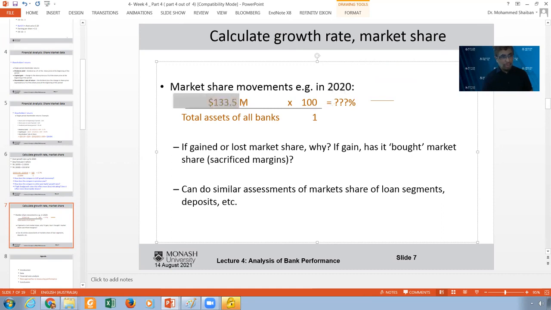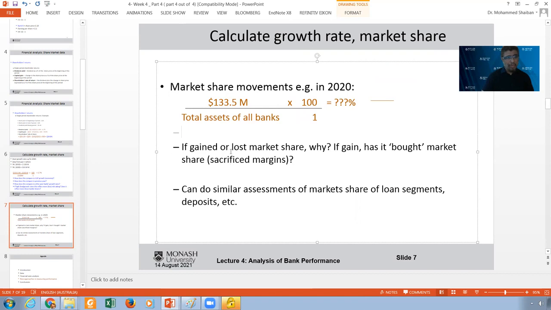So you take your total assets, comparing to the total assets of the whole banking system, and see how much your share is from the total market, which means your share of the market, in the loan market, in the housing market, you will see how much is your share in the banking system.